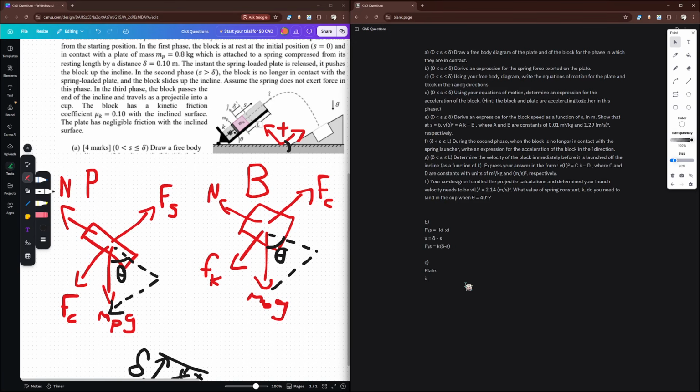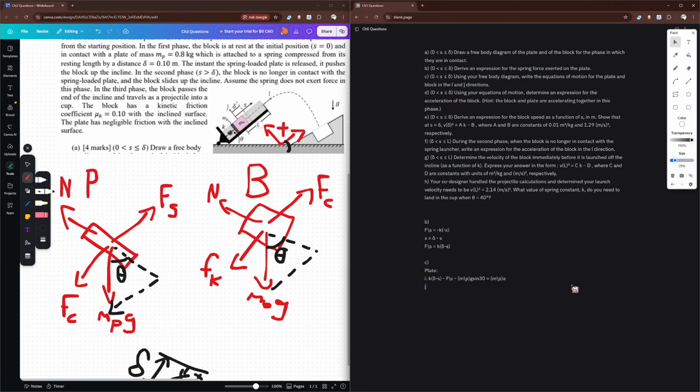So we're going to have Fs, which I'm going to plug in now as k of delta minus s, minus Fc, minus, and this is mass of the plate, mp g sine 30, is equal to mp a, because we have acceleration.